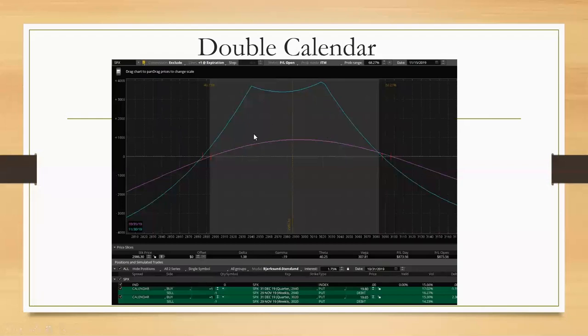The upper calendar is centered where this upper peak is, so we may not have doubled up until we were at that point, because the rule is to put them at the money. So when we started, at the money was way down here. At some point during this trade, at the money became way up here.